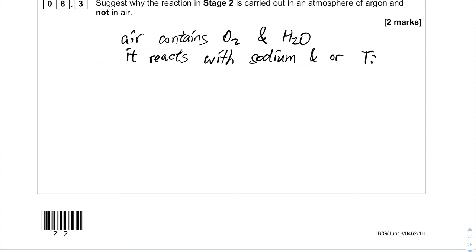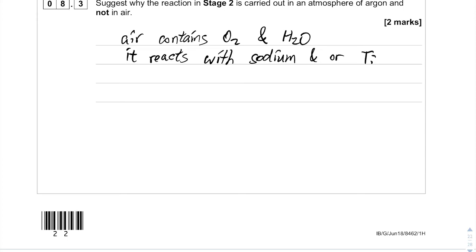I don't know why I wrote sodium in English, but oh well. It reacts with sodium and/or titanium to form oxides or hydroxides, and that is not ideal.